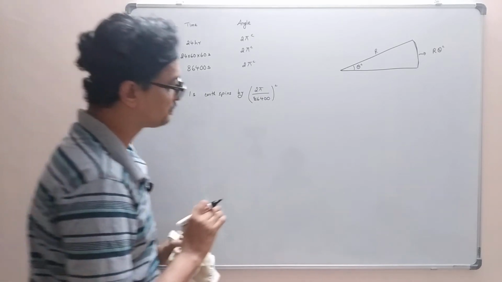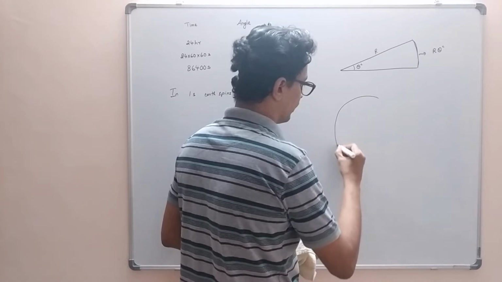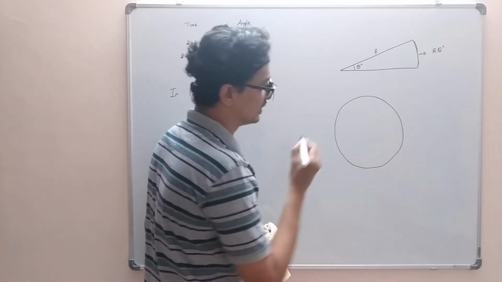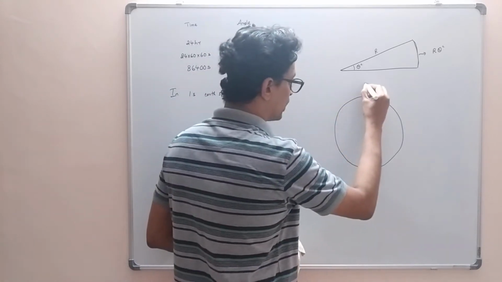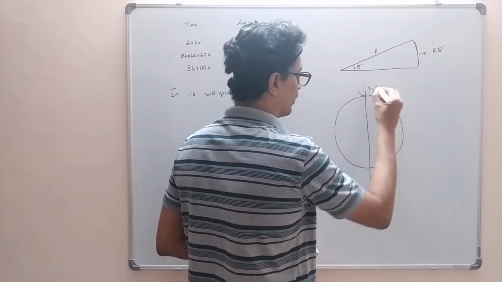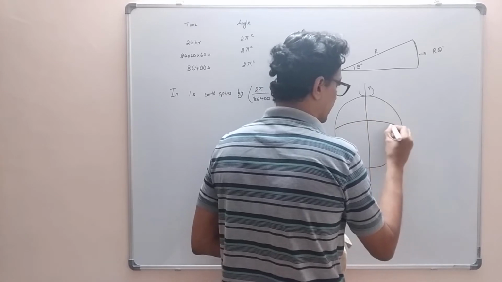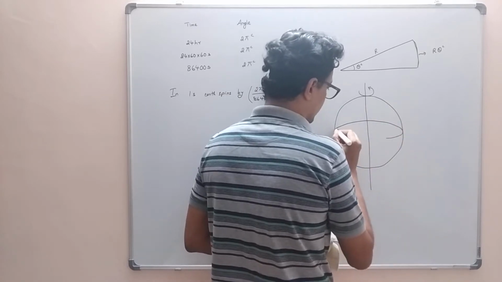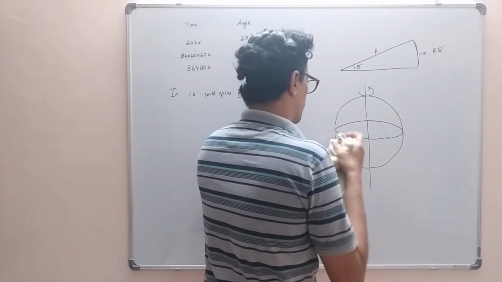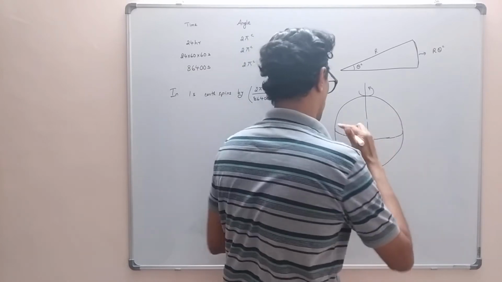Now let us see. Suppose I draw the earth like this. If this is the earth, and this is its axis along which it is spinning, let us draw an equatorial circle. If you want to draw the back side, it's better to draw it as a dotted line.